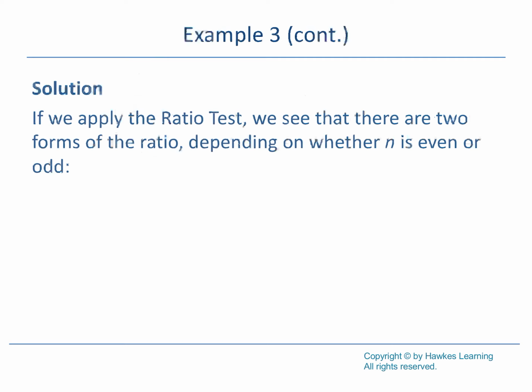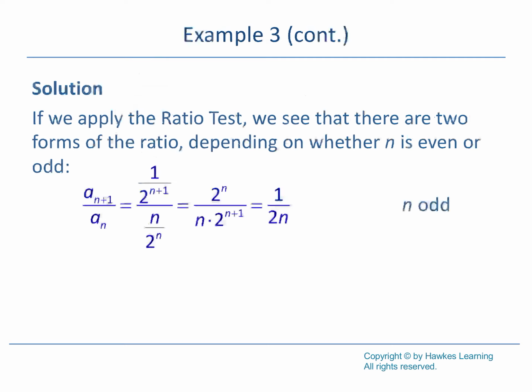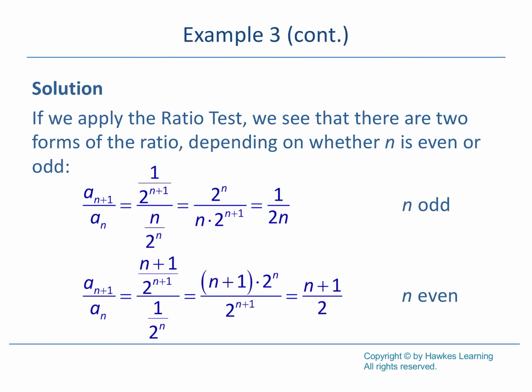So trying to apply the ratio test, there would be 2 forms of the ratio depending on whether n is odd or even. And that gets confusing, right? You're still taking the same ratio of the nth term and the (n+1)th term, but these look completely different depending on whether n is even or odd. And that's totally because we defined this in a piecewise fashion. But these 2 things would give you a different limit.